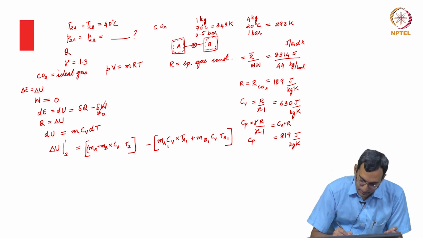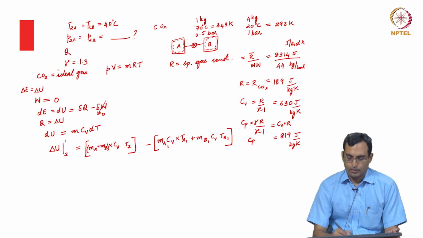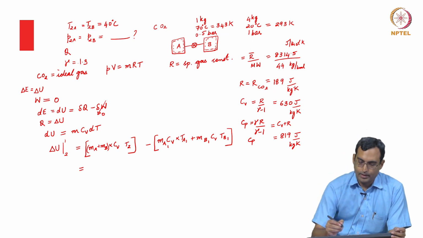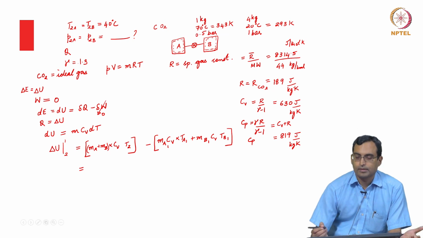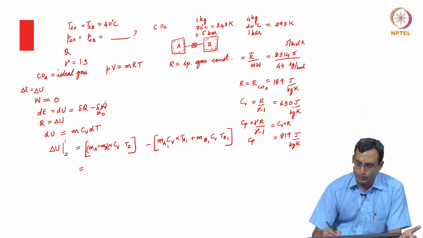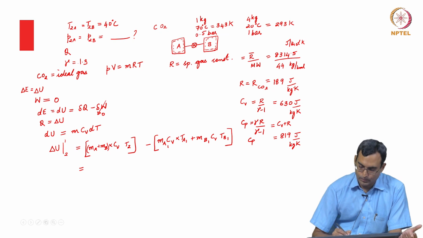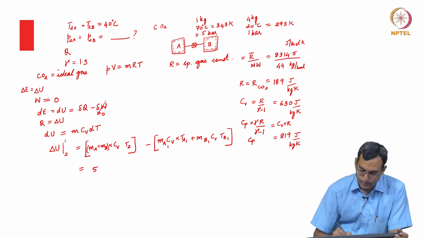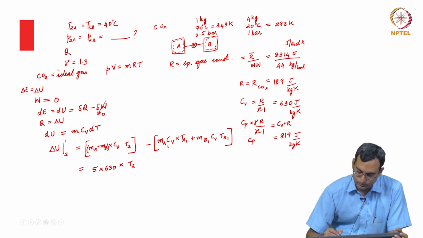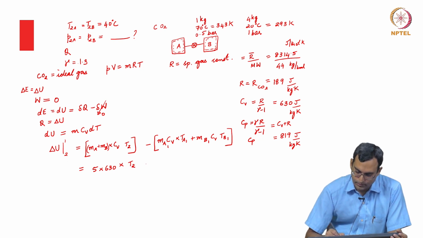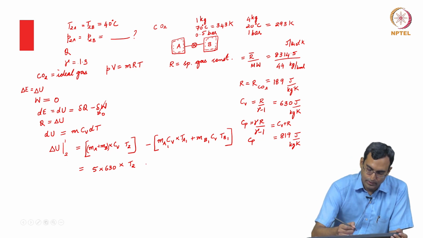I need to have a bracket here. Ma is 1 initially, Mb is 4 initially. The total mass does not change. So, when I take the sum, it will be whatever it was initially. So, over here I have 5 kilos into 630 joule per kg Kelvin into T2, minus, T2 is also known here.